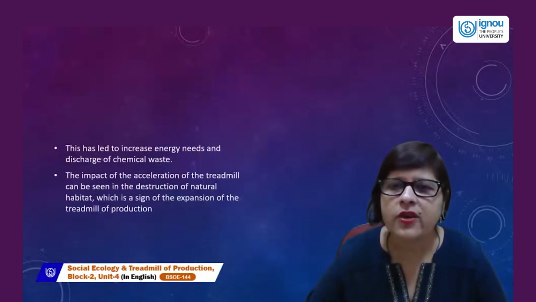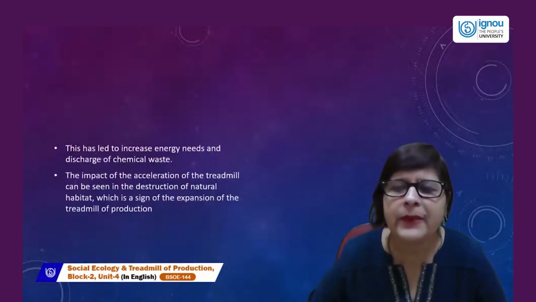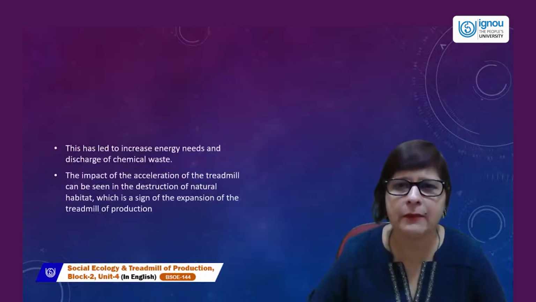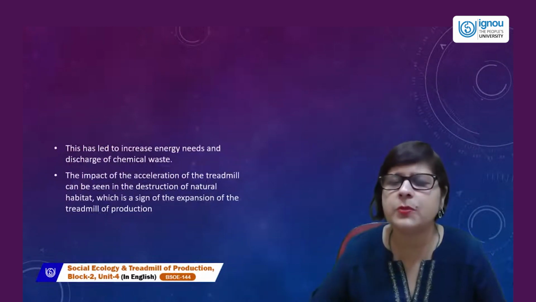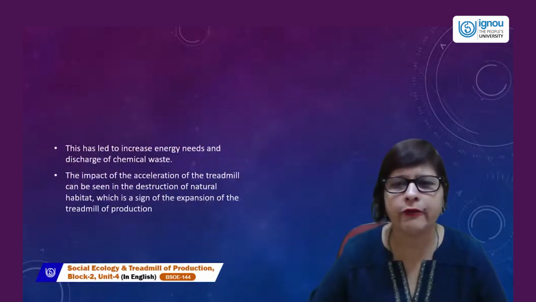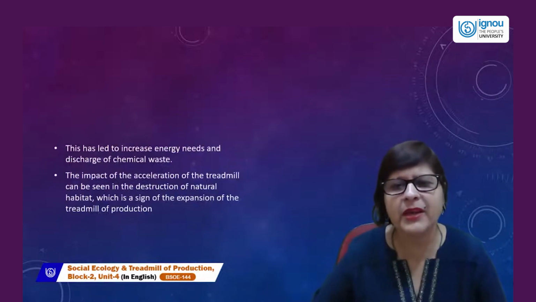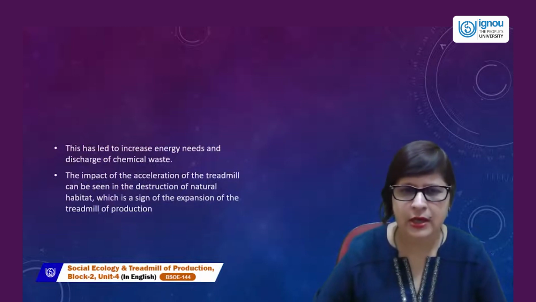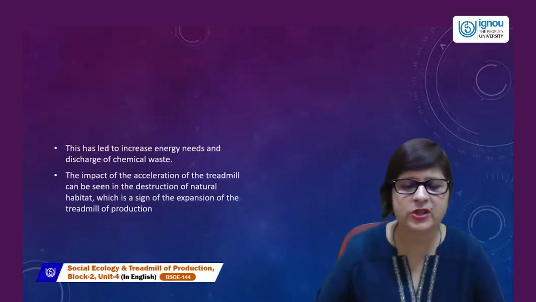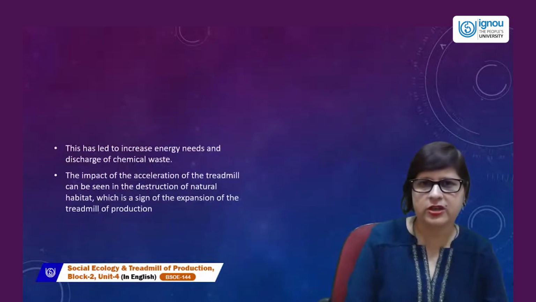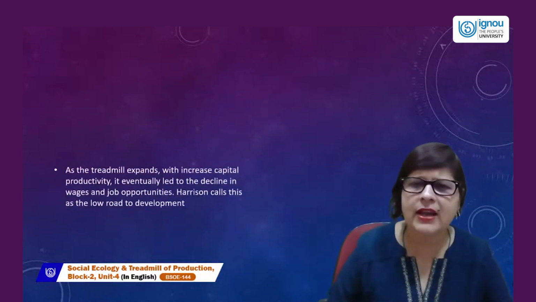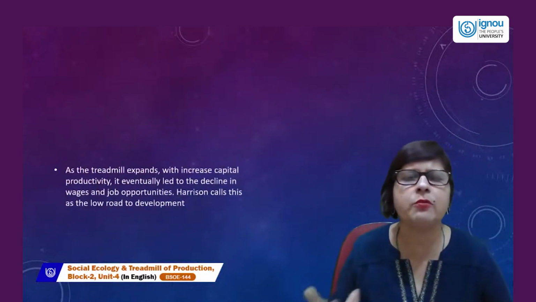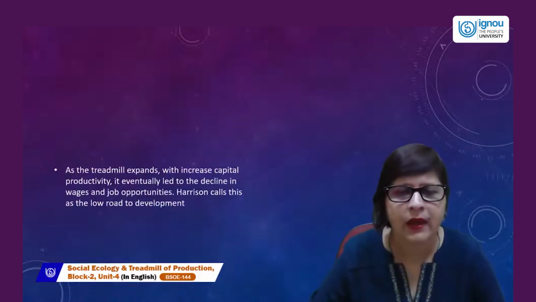Because of the discharge of more chemical waste in the environment, it impacts the habitat of various living organisms. It impacts the flora and fauna of the ecosystem. It impacts our environment, right? This is a sign of expansion of the treadmill of production, right? We are running at the same place, but we are not moving forward, right?